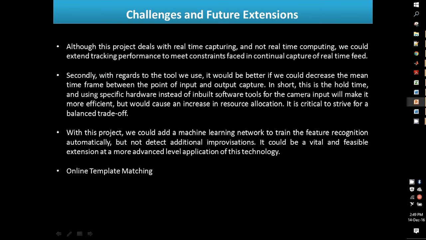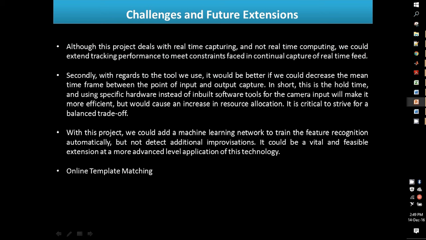In short, this is the whole time which the specific hardware could be used instead of the software tools that we use presently. This will make it more efficient, but would cause an increase in resource allocation and also the cost function. So it is critical to strive for a balanced trade-off and choose these applications depending on the level of necessity that we need.